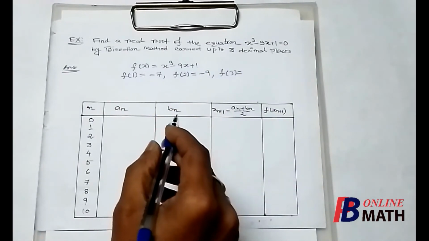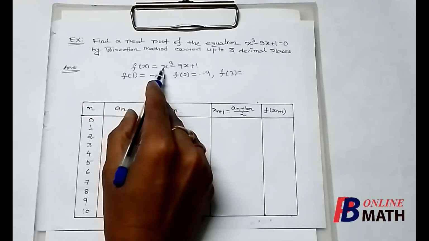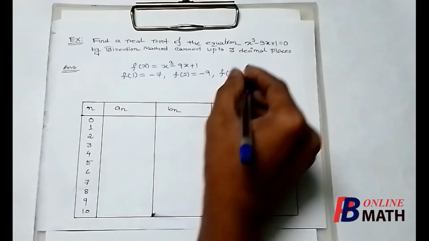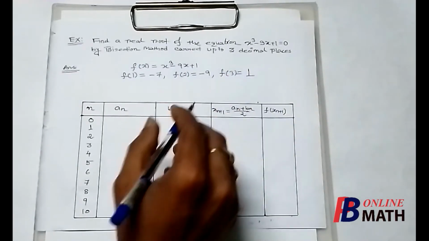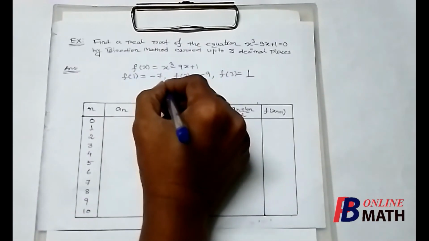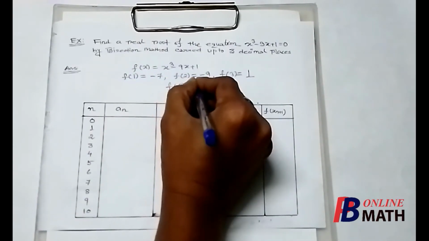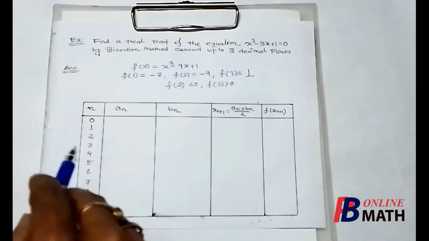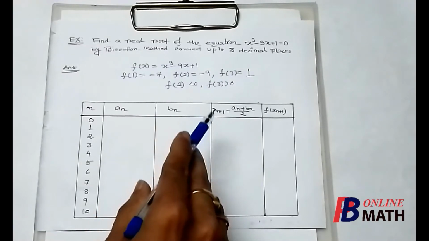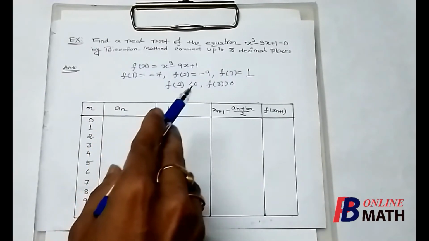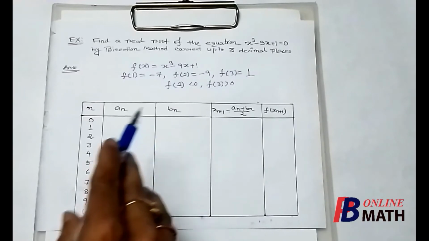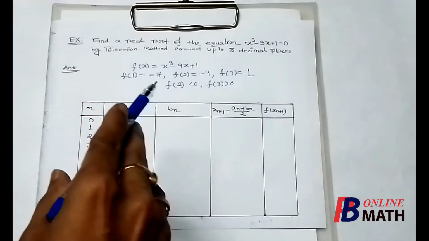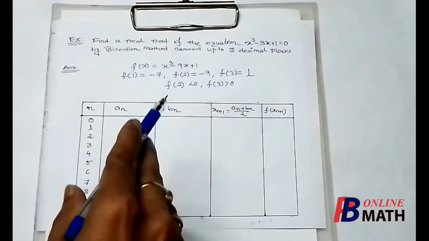Here f(3) equal to 27 plus 1, 28, minus 27, which is 1. So here we have found that f(2) is negative and f(3) is positive. So we have found one interval between 2 and 3 such that f(2) and f(3) have different sign. So by this well-known theorem, we can conclude that one real root of this equation f(x) equal to 0 lies between 2 and 3.